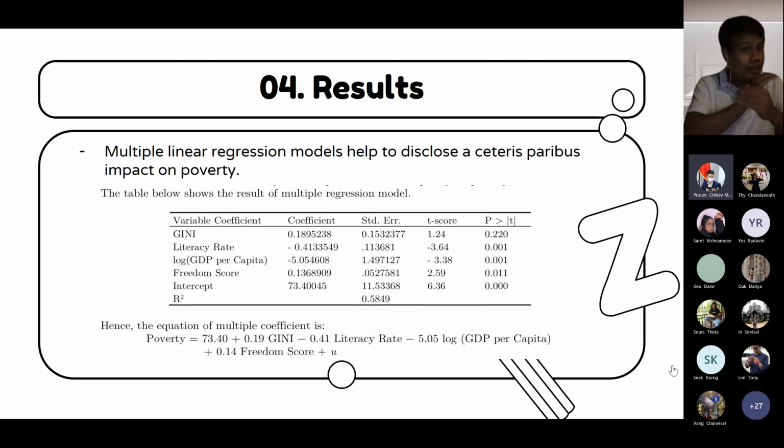It says that Gini no longer significantly affects inequality. Since the p-value is too high, it doesn't matter what coefficient you get, meaning that the conclusion will say that there is no effect. There is no relationship between Gini and poverty in the multiple regression model.